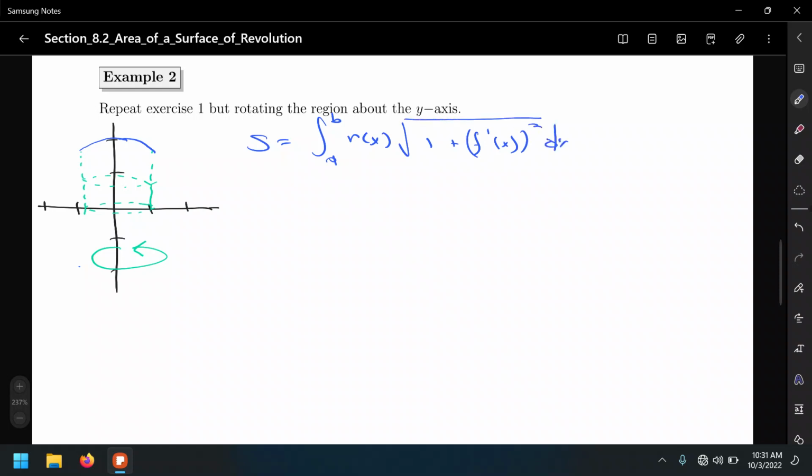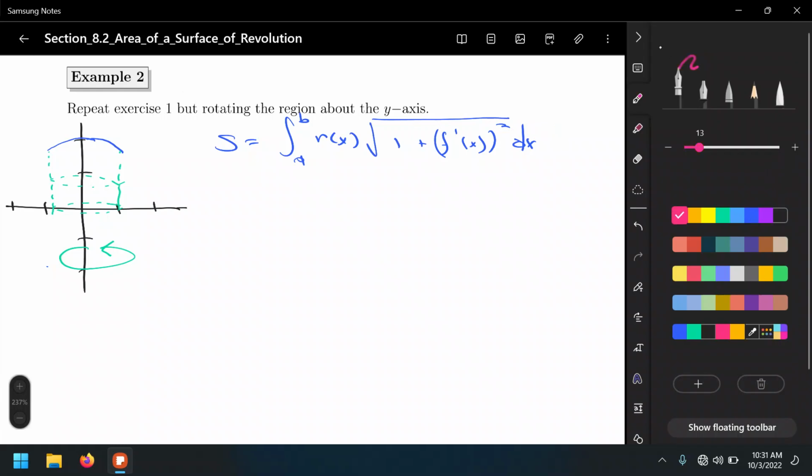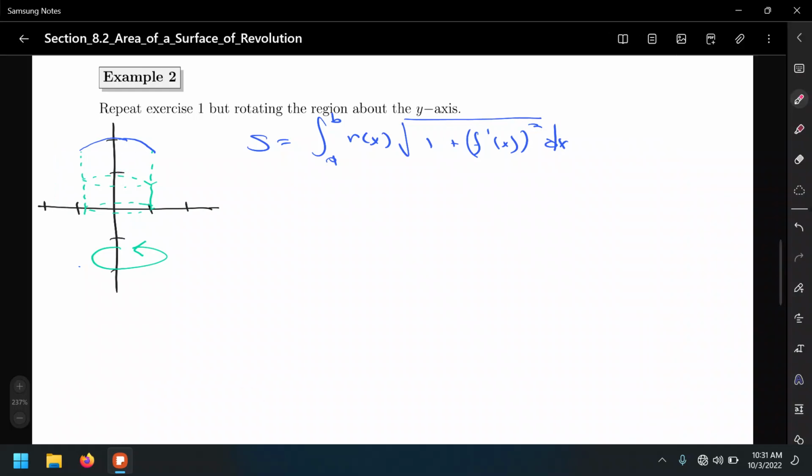This means we need to figure out the radius r of x. Now, number one, in this case, since we are rotating this region about the y-axis, check this out, this distance right here from the axis of revolution to any point on the solid that we generated, do you notice how that distance is horizontal this time?